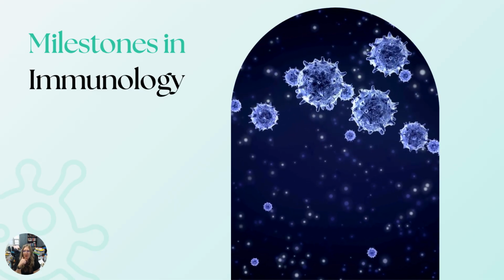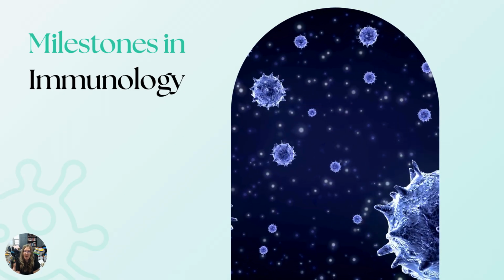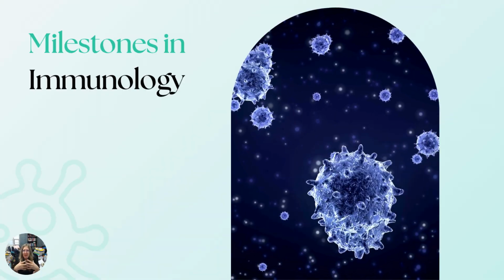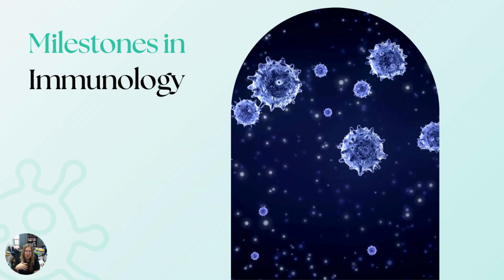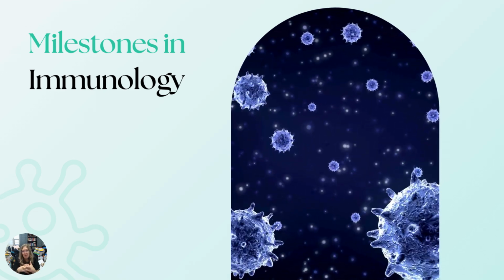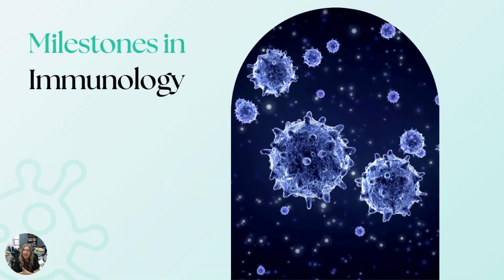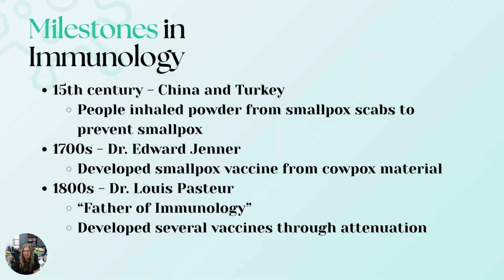So before we talk about what we know today, it's helpful to really see how we got here. Humans were manipulating immune responses long before we understood cells, antibodies, antigens, microorganisms. And immunology really developed from observation first and mechanism second. So, the early history of immunology is essentially people recognizing that exposure can really change future susceptibility to disease.